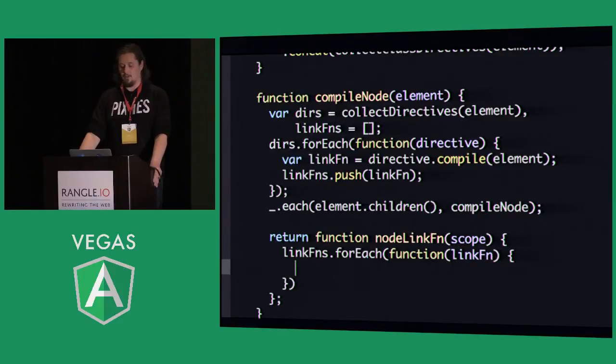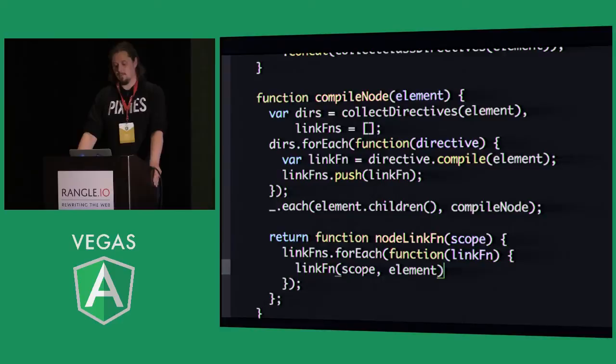So we can loop over those link functions, and for each one, call it with the scope and the element. And that's where the directive's link function gets called. So in between the compilation and linking, the link functions are sitting, waiting in this sort of function closure as internal state of this node link function. It remembers which link functions it should call once it finally gets called.